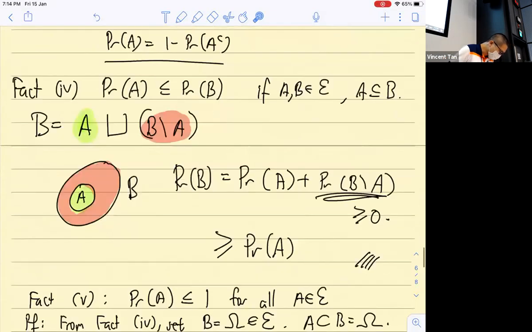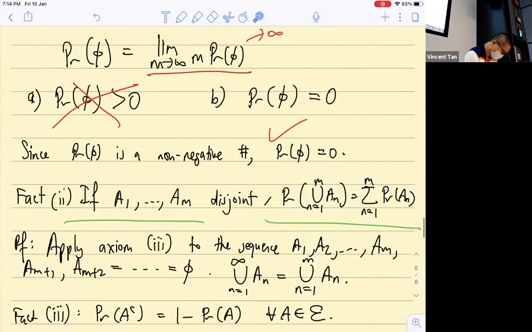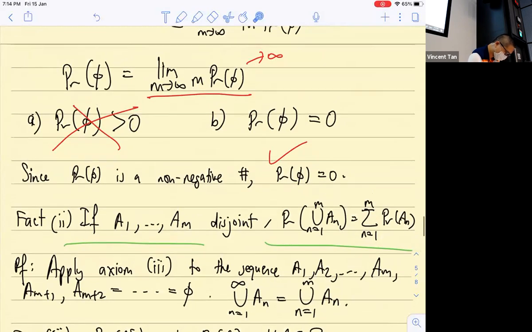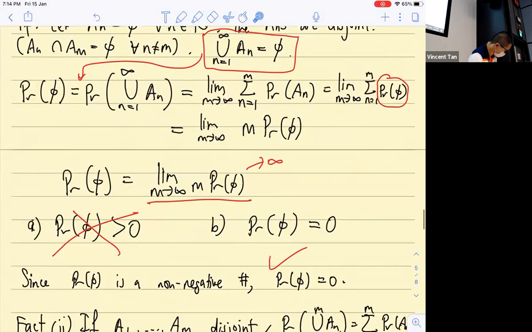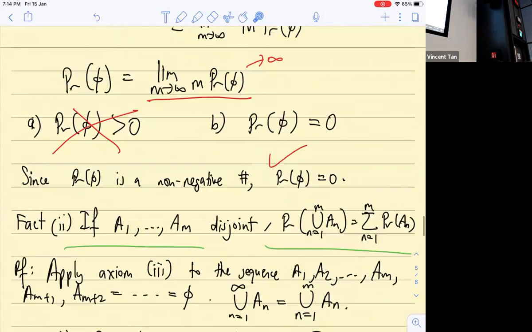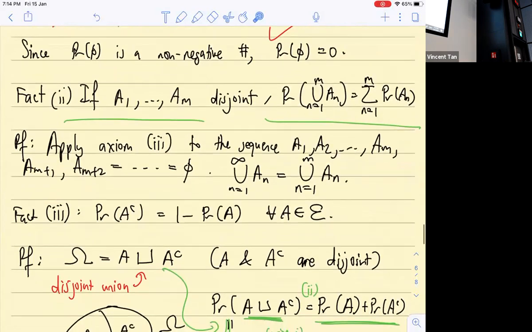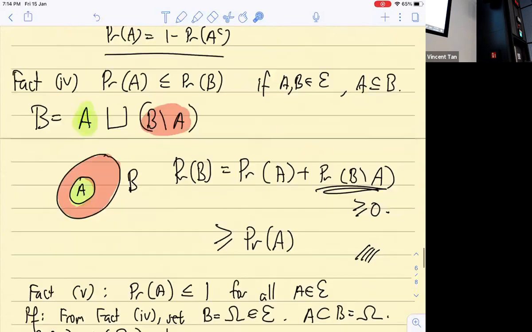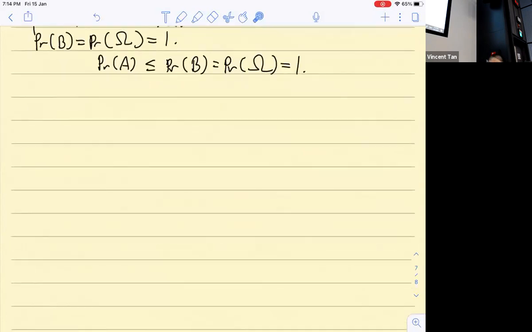So if I did not specify that probabilities are bounded as I had here, then that argument is not quite watertight. Okay, right. So thank you very much for all the conversations there. All right, so fact 6, I guess.